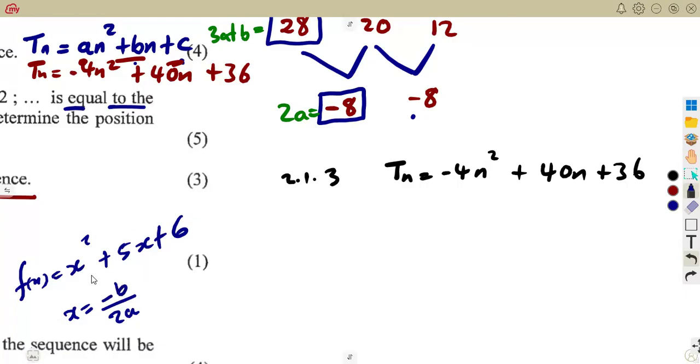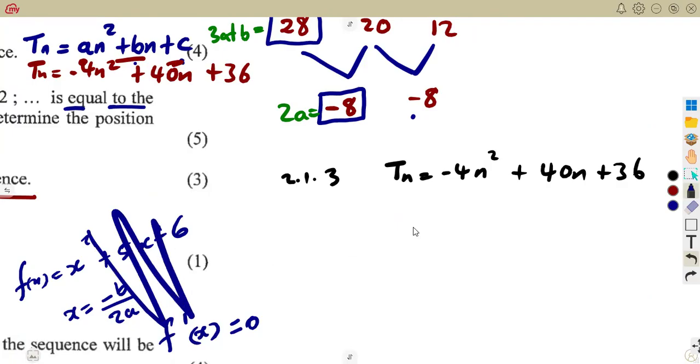Then you substitute that value of x into this function to determine the y value. You can also obtain the value of x at the turning point by derivatives, as we understand that at the turning point where we've got the maximum value, the first derivative is equal to 0. Any of these is supposed to give us the value of x at the turning point for a function.